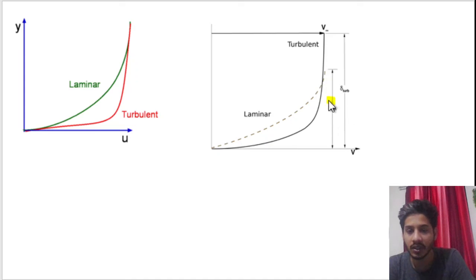You can see this is the thickness of the laminar region up to this point, and this is the velocity distribution graph for the laminar layer, and this is for turbulent flow. And for the turbulent region, this is the thickness of the boundary layer. All right. I hope this is clear. And you can also see the velocity distribution for laminar flow for this region.